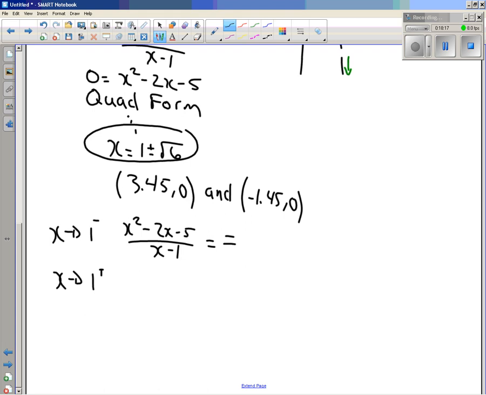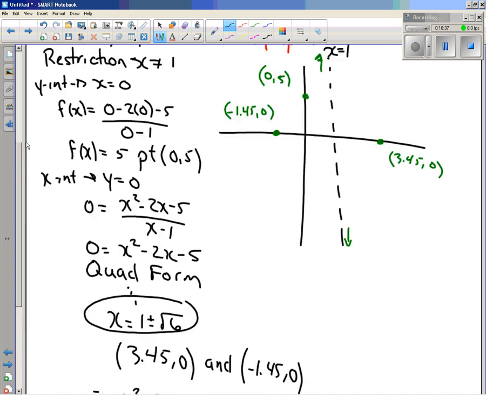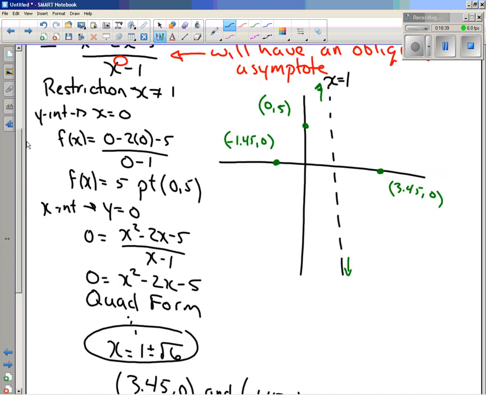So at 0.99 minus 1, you're going to have a negative in the denominator. So we're going to get positive infinity. And the same idea from the right: we're going to have a negative in the numerator, but a positive in the denominator. So from the right, it's going to approach negative infinity. So that's what we expected to happen, which is good.